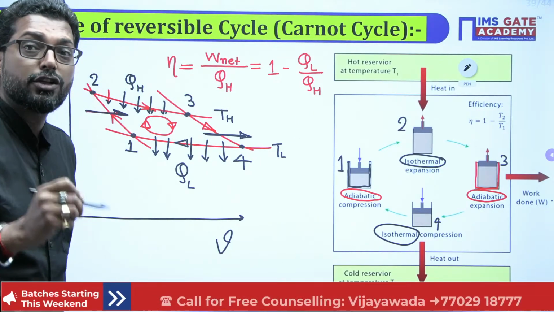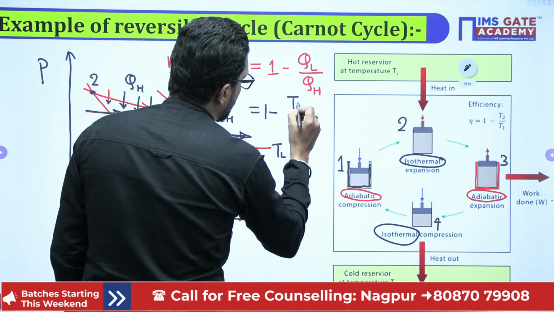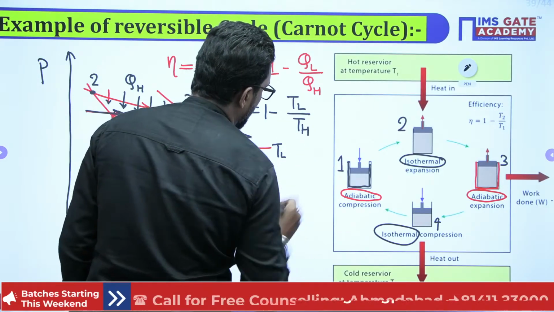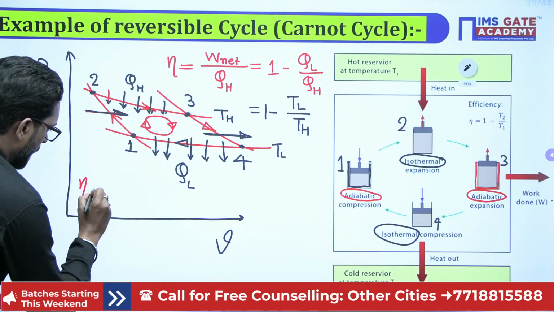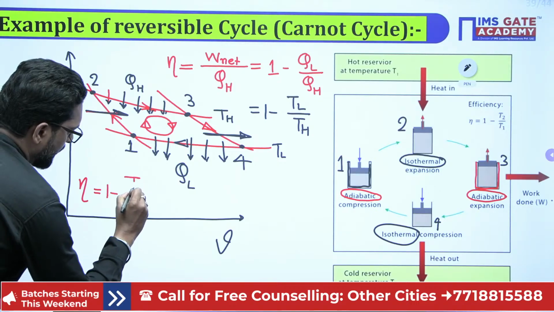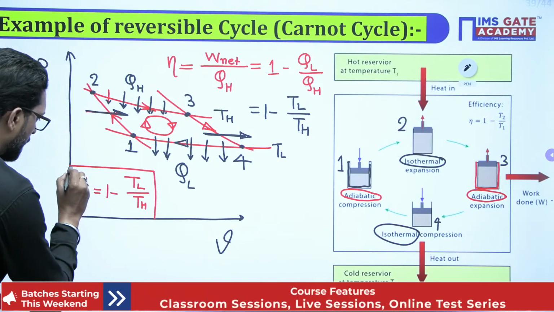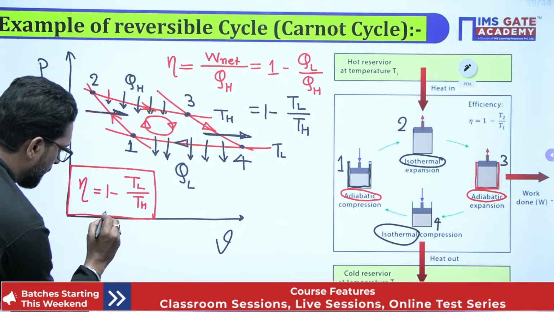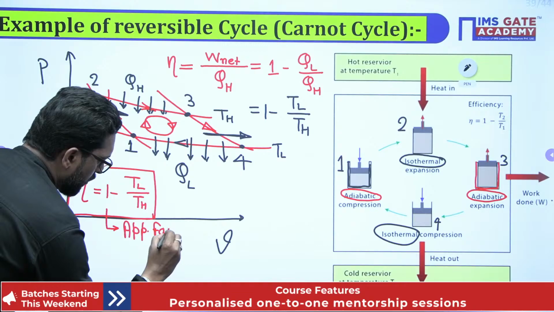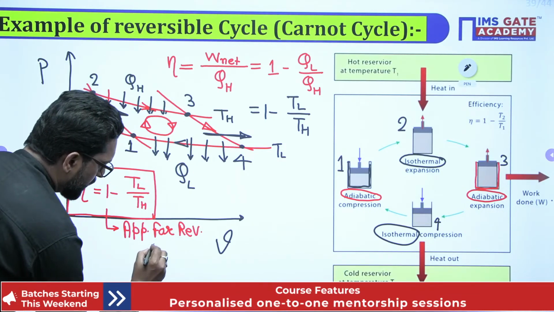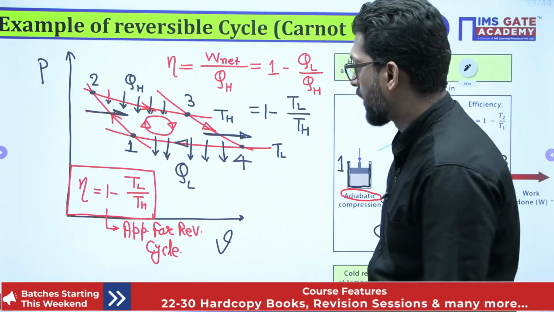According to the absolute thermodynamic temperature scale, you can write it as 1 minus TL by TH. This efficiency is applicable only for the reversible cycle.